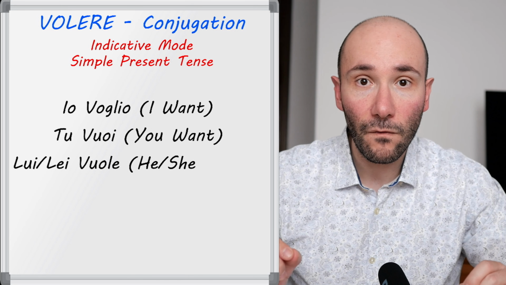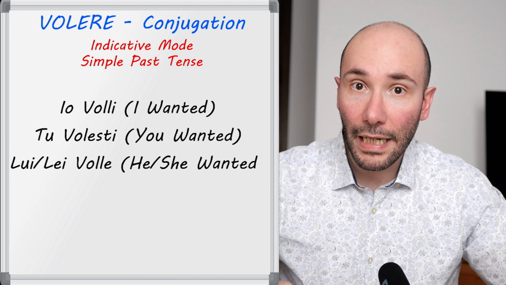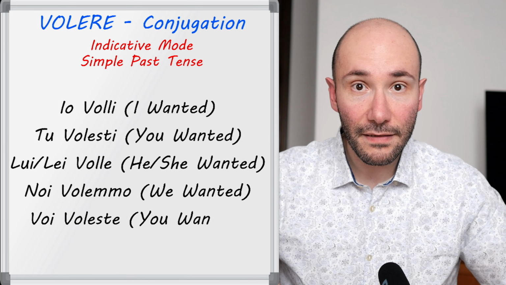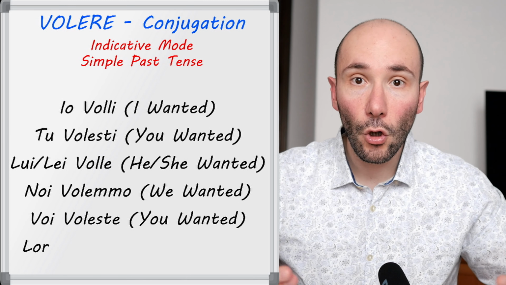Remember the g. It is important that you spell out loud the g. Noi vogliamo, loro vogliono. Then simple past. Io volli, tu volesti, lui, lei volle, noi volemmo, voi voleste, loro vollero.